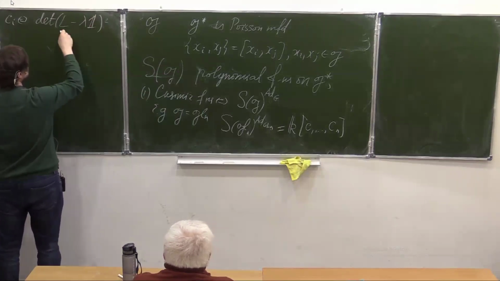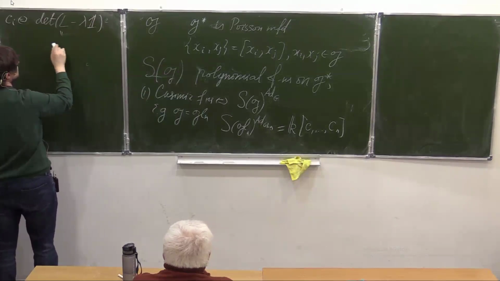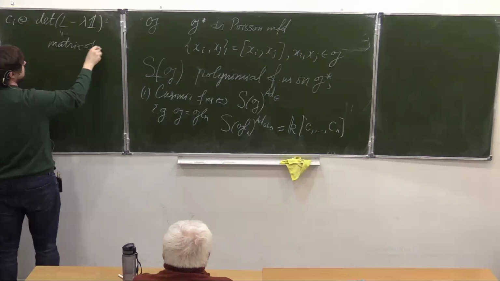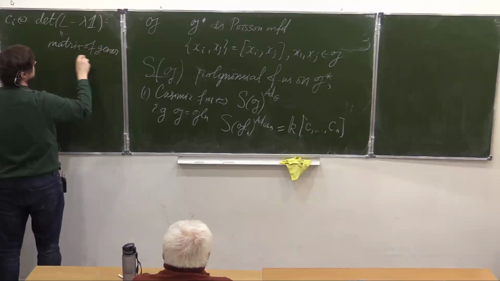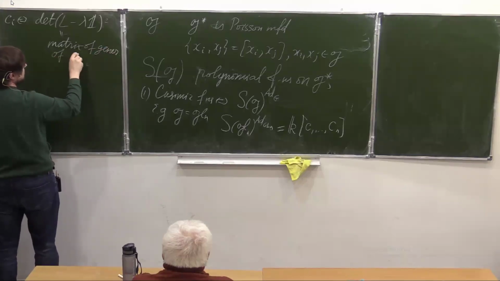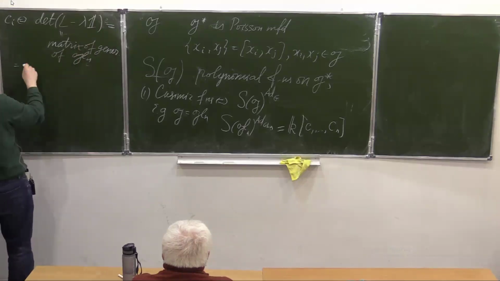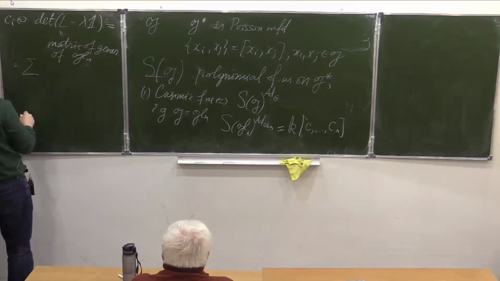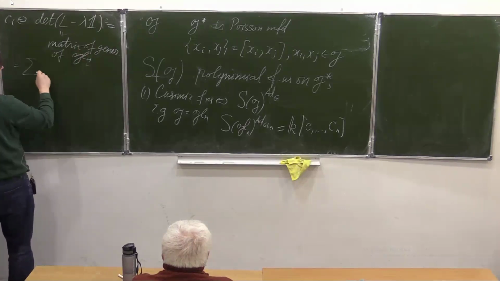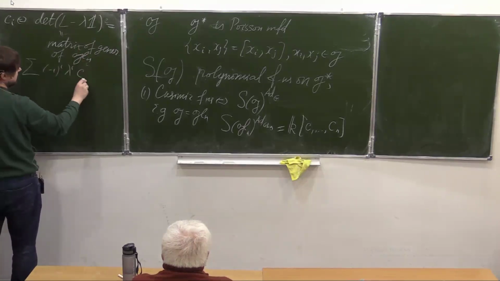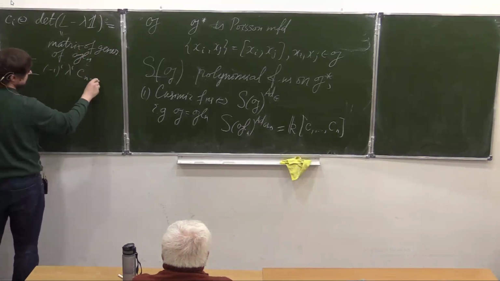So here L is the matrix of generators of the Lie algebra GLN. E is the unit matrix, and we have the polynomial expansion of this formula, something like (-1)^i lambda^i C_{n-i}(L) would probably be more appropriate.